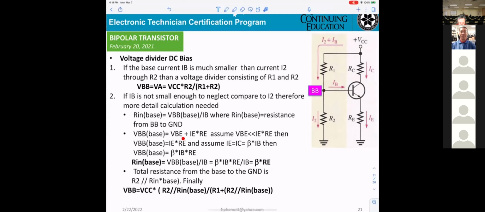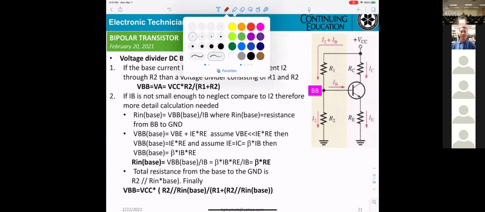VBB equals VBE plus VE, where VE is IE times RE. And also VBB at the base equals beta times IB times RE. So that's why they come up with the formula R in base equal beta times RE. The only thing I want to tell you is they want to make sure you get another resistor.